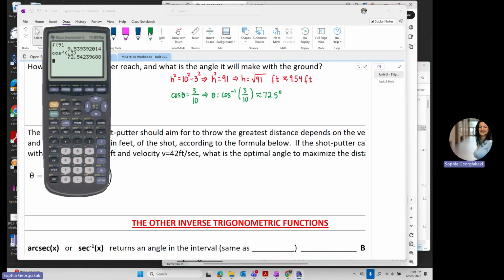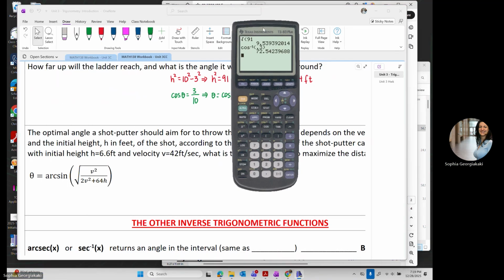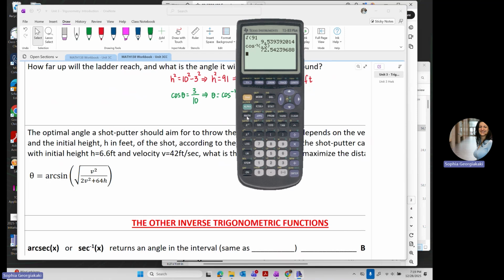So in my calculator, I'm going to do inverse sine, that's the arc sine.